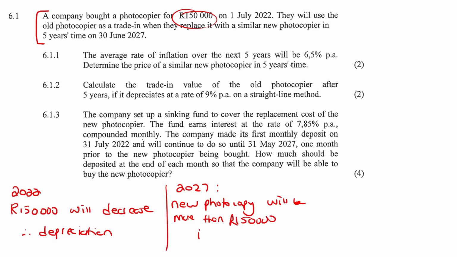Why? Because of something called inflation. You've heard the stories from your dad and your mom, and they're like, yo, back in my day, when I used to buy a Coke, it was only 2 Rand 50. Now it's 23 Rand. Yo, mom and dad, that's just called inflation, okay? That's all it is. So it'll be more than 150,000.